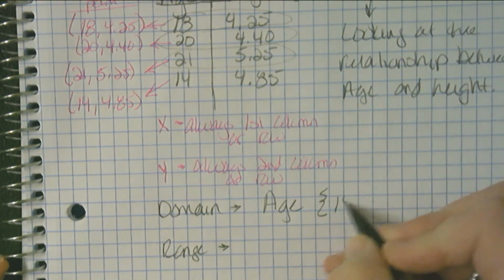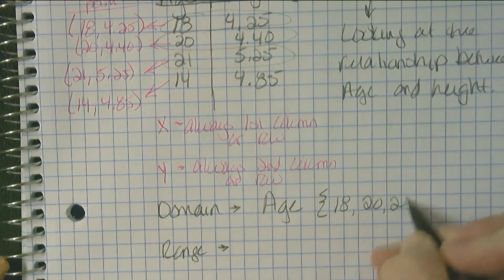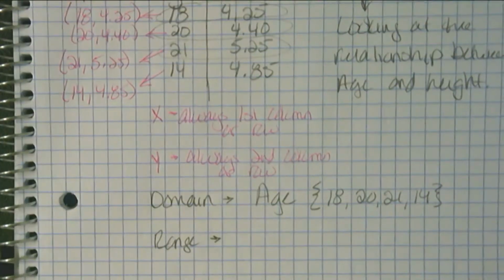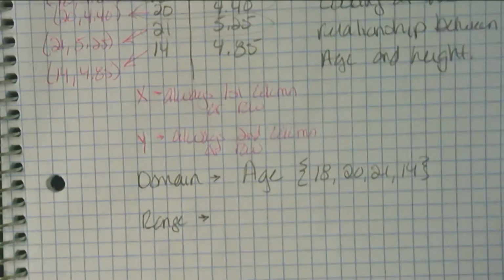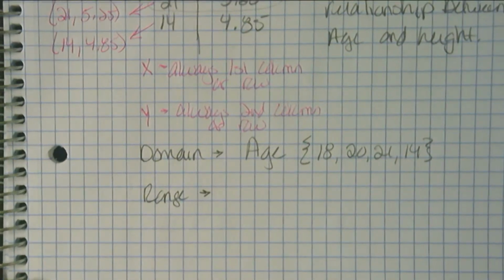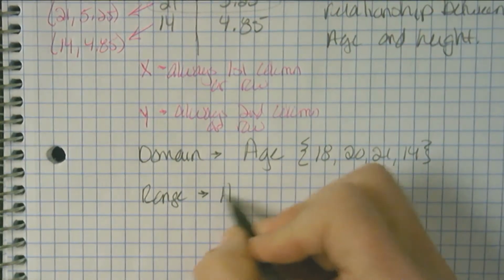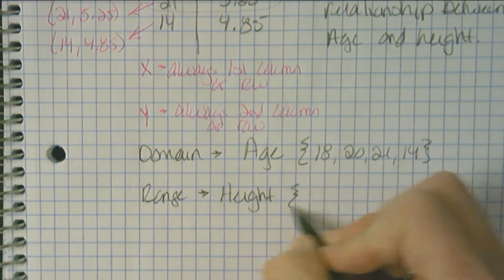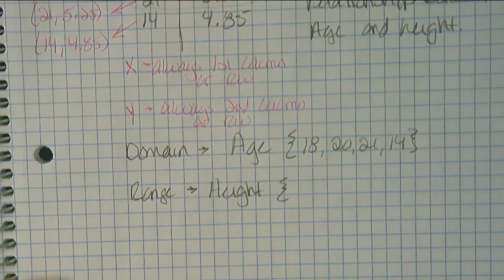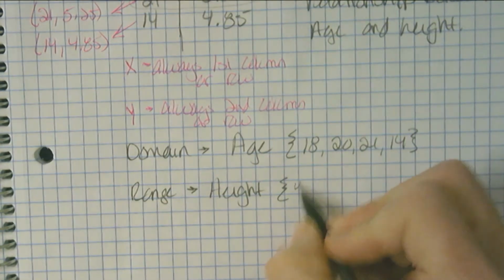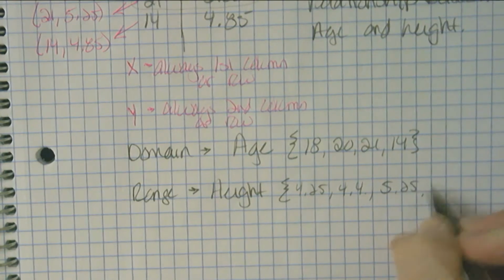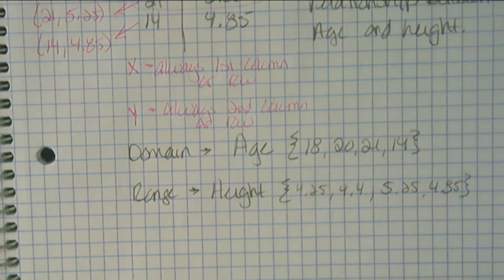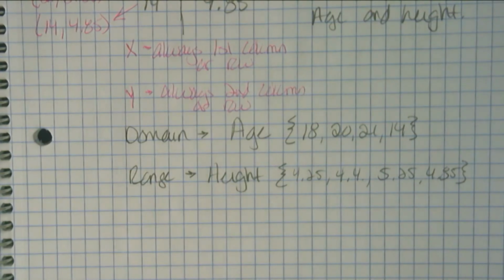Excellent. We usually write them in order of least to greatest, but I don't care at this point. What information is my range? Jacob, that's my height. Write that grouping of numbers for me. Tell me the range values, Jacob. Excellent. Are you guys cool with identifying domain and range from a table?